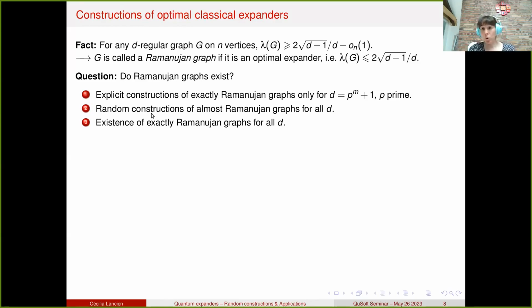Then it's also been shown that there are random constructions of almost Ramanujan graphs for all degree d. And I will come back to this later because it's really going to be the focus of all my talk, then also in the quantum case. And quite recently, it's been shown in breakthrough results that Ramanujan graphs exist for all d, even if you're not necessarily able to exhibit an explicit example.